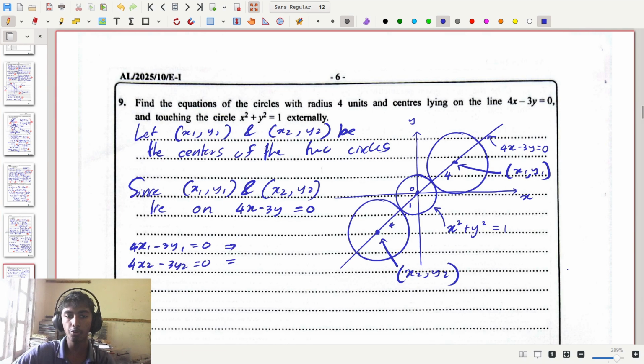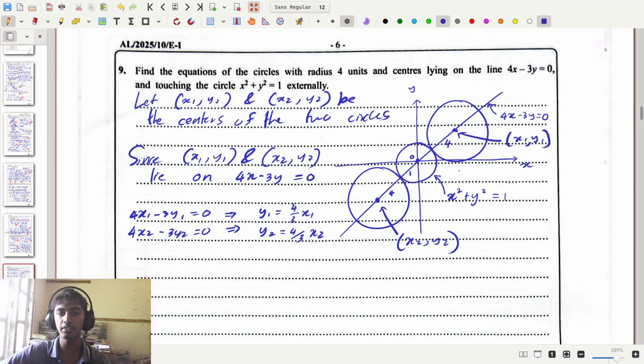This can of course be rearranged, and what I'm going to do is to rearrange them such that we have y1 equals and y2 equals. So when you do that, you can see we're going to get y1 equals 4/3 of x1 and y2 is equal to 4/3 of x2. Now that we have this, we're going to label these equation 1 and equation 2.